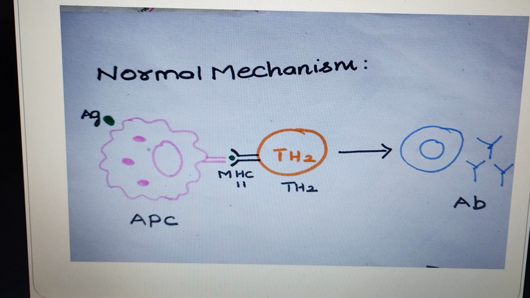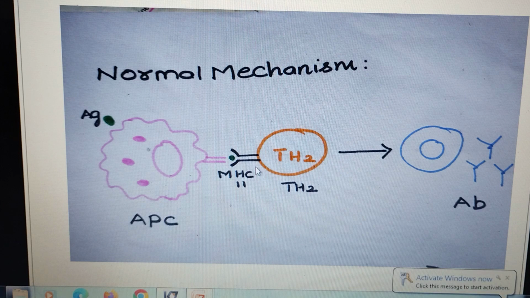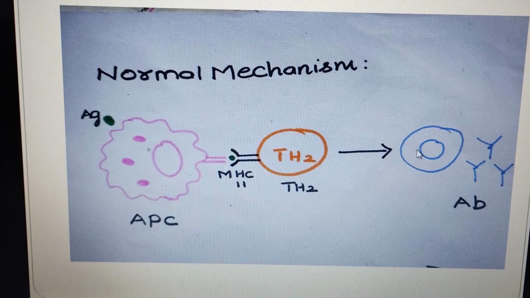Then antibodies will be produced. So this is the normal mechanism. The antigen enters the body, is processed by the antigen presenting cells, and then is submitted to the MHC2 complex present in the T helper cells, which leads to the production of antibodies.